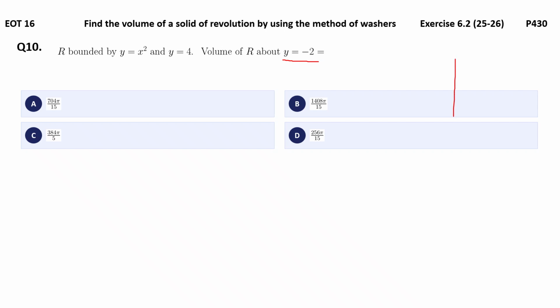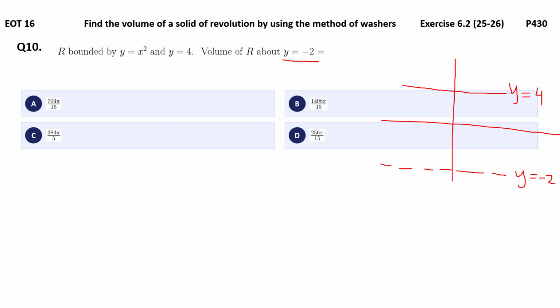So if you analyze your coordinate, your y equal to 4, which is the boundary, is over here above the x-axis, whereas the line that revolves is below the x-axis. So y equal to negative 2. When you are analyzing the functions, since it is parallel to the x-axis, the function should be in terms of x.